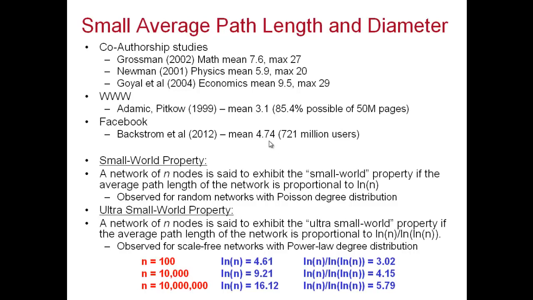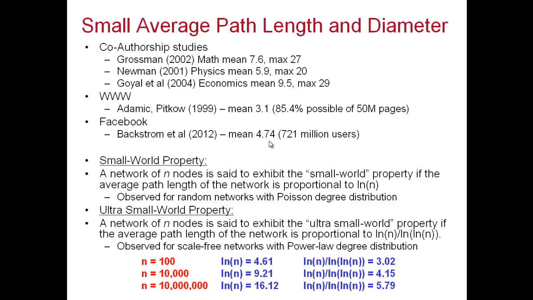That indicates that you could reach from one user to another through some 4 or 5 intermediate users. Even though there are a lot of users out there, it still looks like a small world.